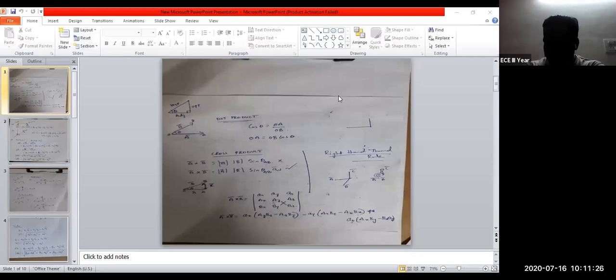Please. Anyone at least? Two vectors have product value 0 when perpendicular. Okay. Any other answer? At least you can post in the chat.